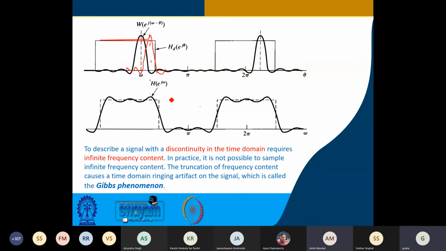Sir, as you said, the negative side lobe which is on the right hand side is moving outside of the window region, so it is not getting multiplied with 1 and hence it is not getting added into the convolution. So as it is going out, something is entering here. Okay.